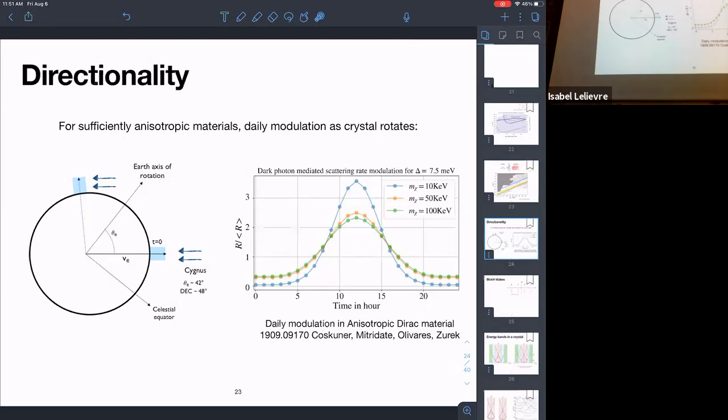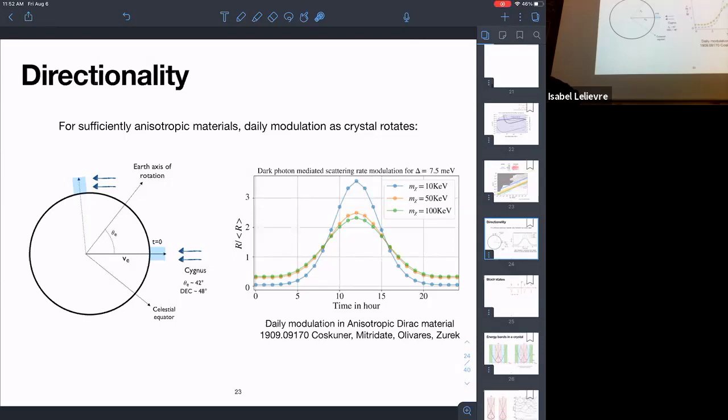If you have a picture of a nucleus in a crystal, it could live in a very anisotropic harmonic potential. So not a 3D harmonic, which is symmetric, but just some anisotropic one. So as the crystal's rotating, whether you can kick the atom out depends very much on the direction of the wind. So that's the main one I've seen for MeV to GeV dark matter.